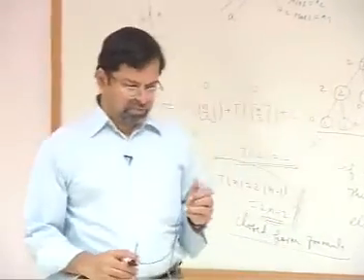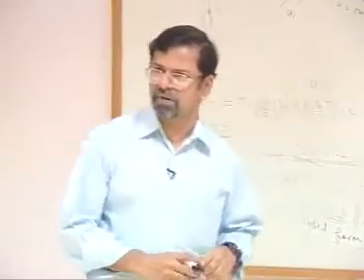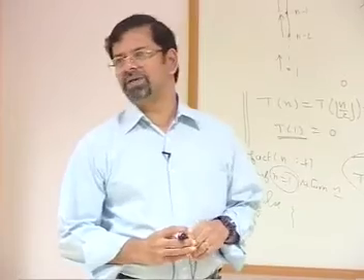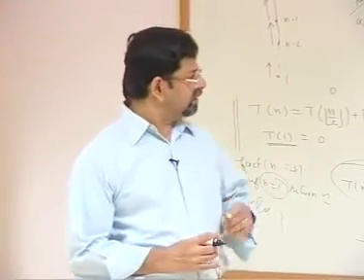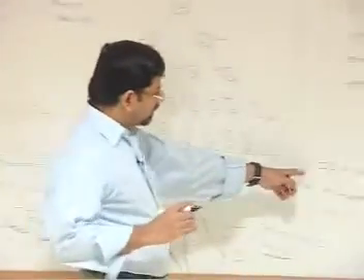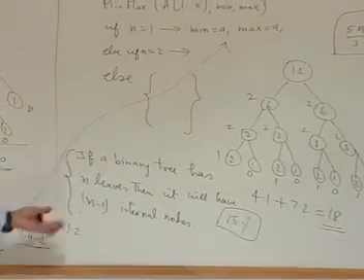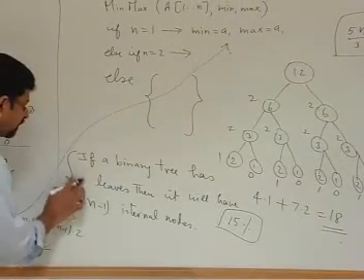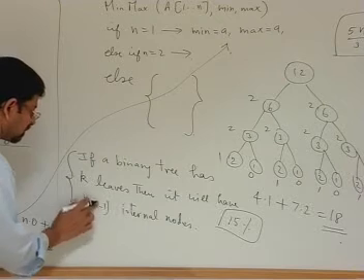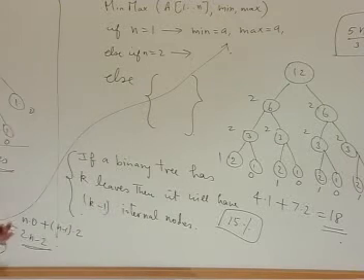Now, one more optimization is possible, and that optimization comes from the fact that if a binary tree has n leaves, then it has got n minus 1 internal nodes. Okay, let me not use n. If it has got k leaves, it has got k minus 1 internal nodes.